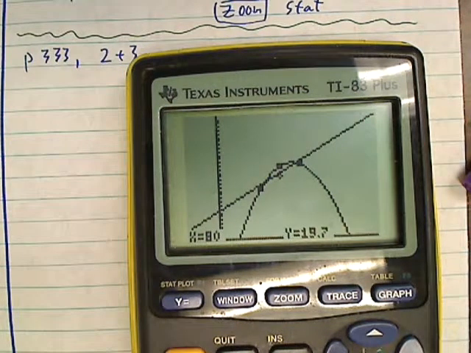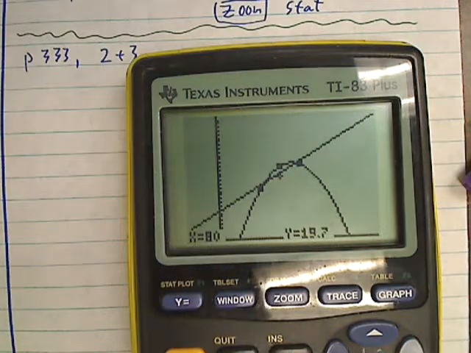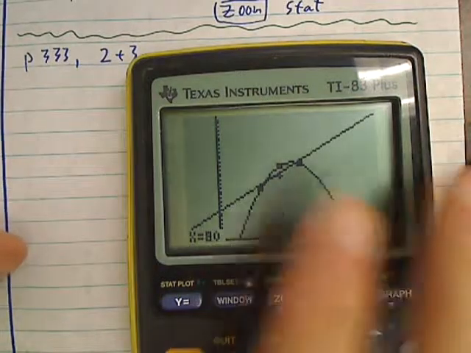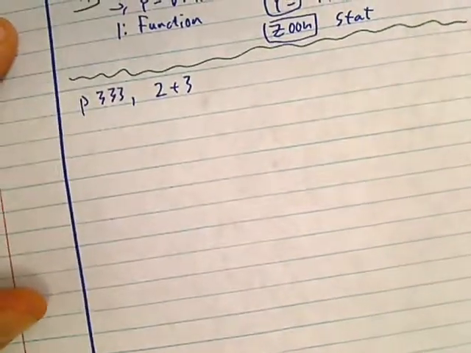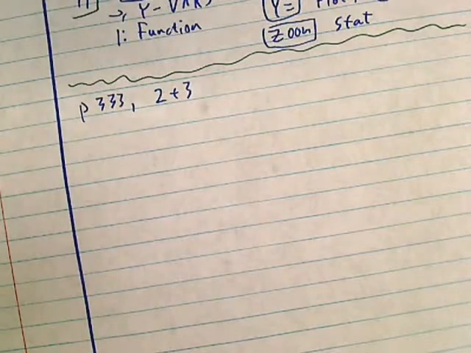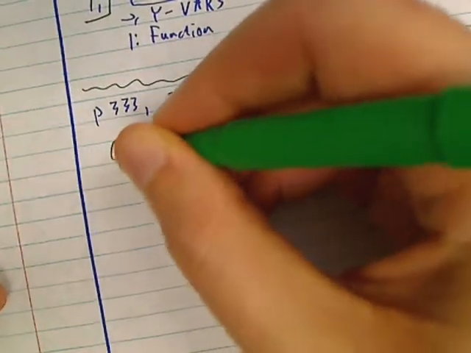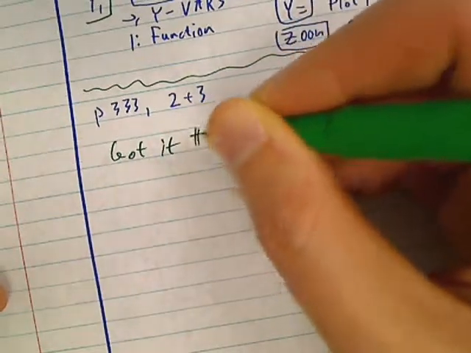And the other thing, in problem 2, it says use the linear model to estimate production in 1995. Okay, well, I can do that. So let me see. I'm going to actually write that down. This was under Got It number 2.